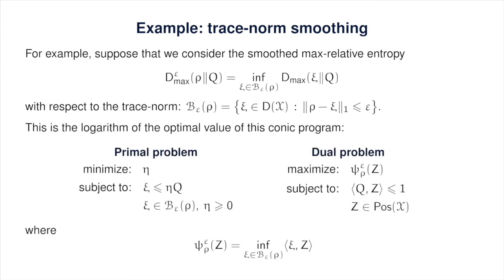Here's what the conic program looks like if we plug in b sub epsilon of rho in place of C. The effect that the smoothing has on the value is reflected in the dual by the function psi in the objective function. Without knowing more about rho, Q, and epsilon, it's hard to say too much about this value. Smoothing can lead to a very significant decrease in the max relative entropy, but looking at the dual can, for instance, yield useful lower bounds on the smooth max relative entropy.